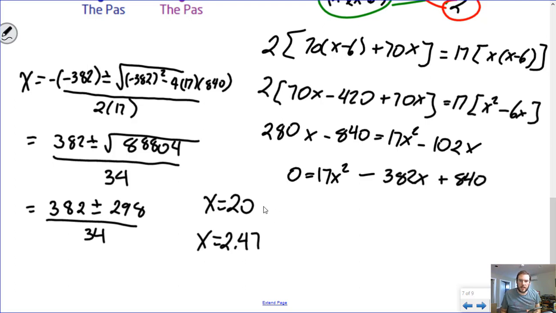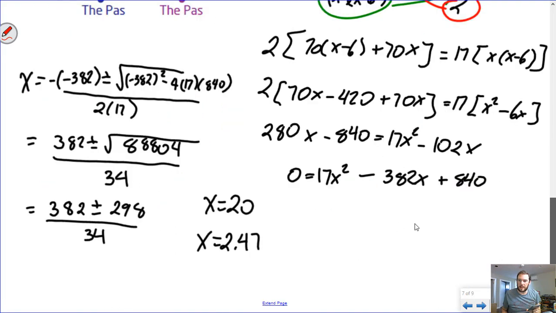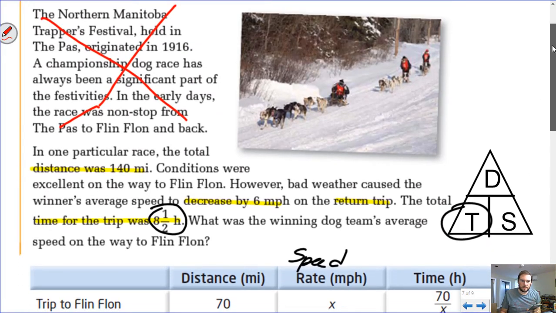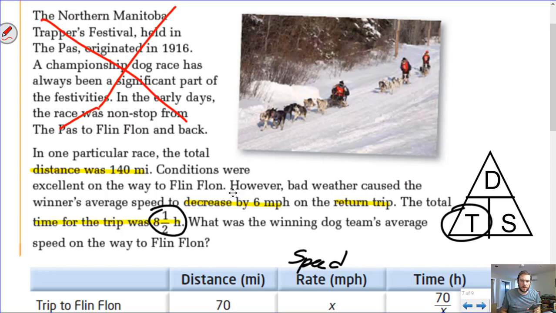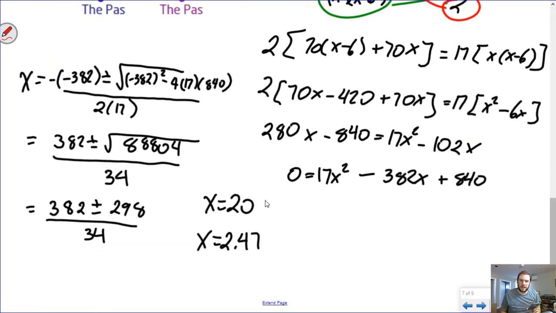2.47, right? So again, the units here were miles per hour, right? Because we're looking for speed, we're being told that our speed is in miles per hour. So x here is either 20 miles per hour or 2.47 miles per hour. Now, right away, you probably look at this and think, well, how do I have two possible answers? And if I'm not supposed to have two possible answers, which one is right?